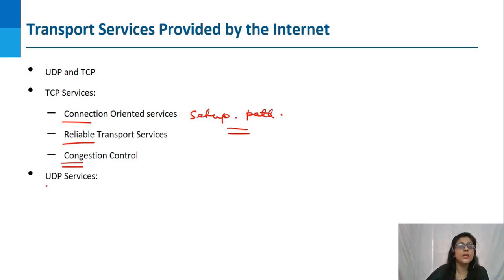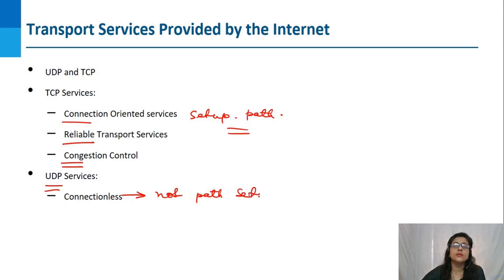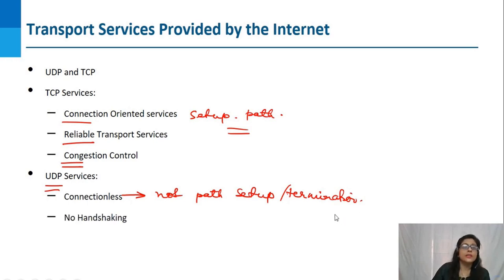The User Datagram Protocol is a connectionless protocol, which means no path setup and termination are required. There is no handshaking possible in UDP.